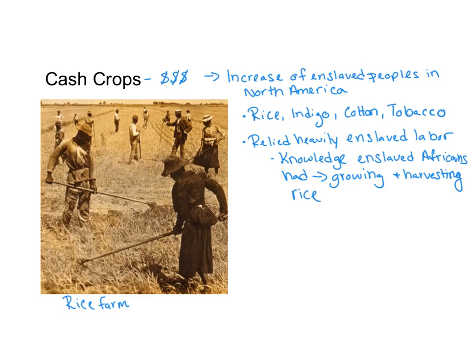And so what slave owners would do is they would find slaves from parts of Africa that were rice growing cultures, and then bring those enslaved Africans to their plantations and have them show everyone else how to grow and harvest the rice. So it wasn't just the labor, but also the knowledge that these individuals brought with them that made the Southern colonies' economic structure so successful.